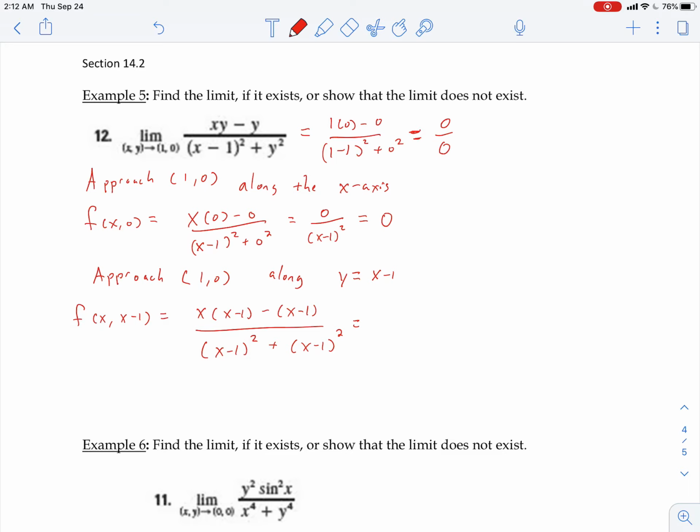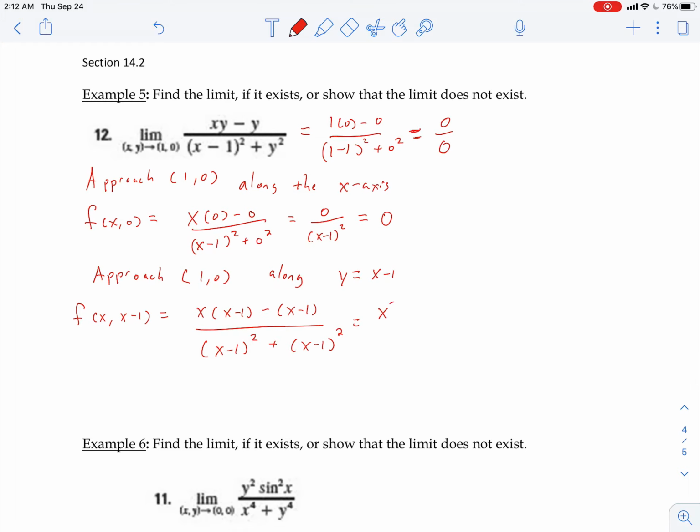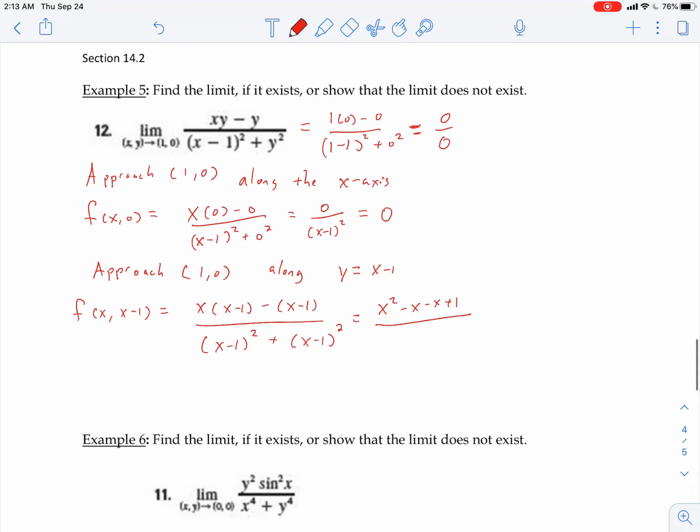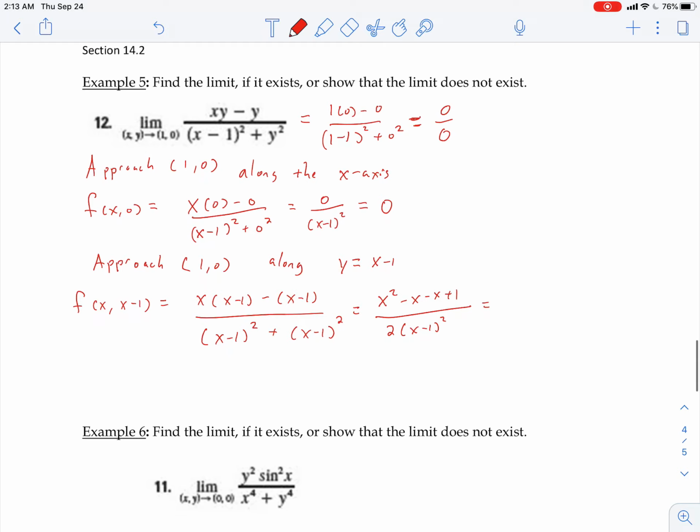Alright, and now we're going to go ahead and solve. In the numerator, we're going to get x times x, so x squared, minus x, minus x, plus 1, over, in the denominator, 2 times x minus 1 squared.